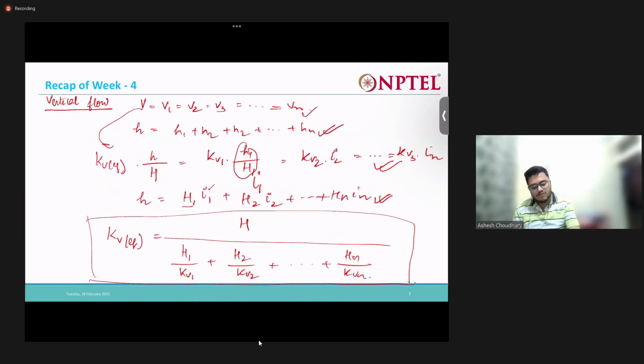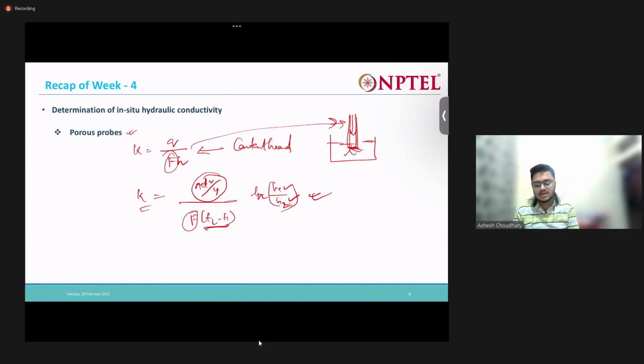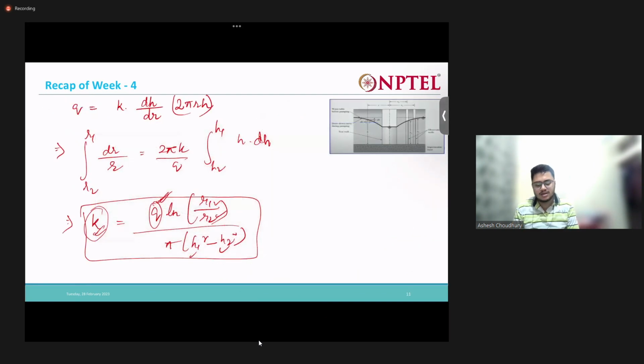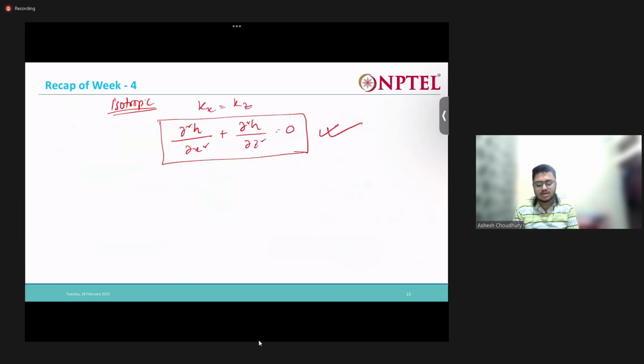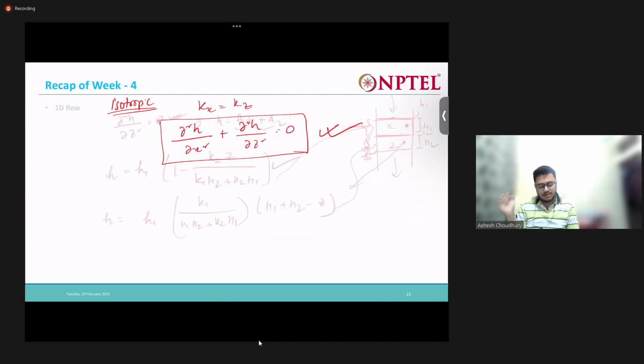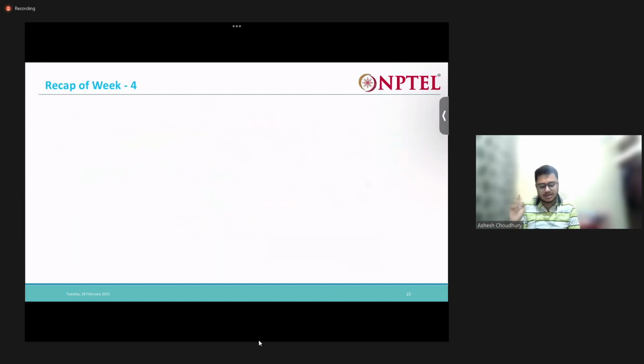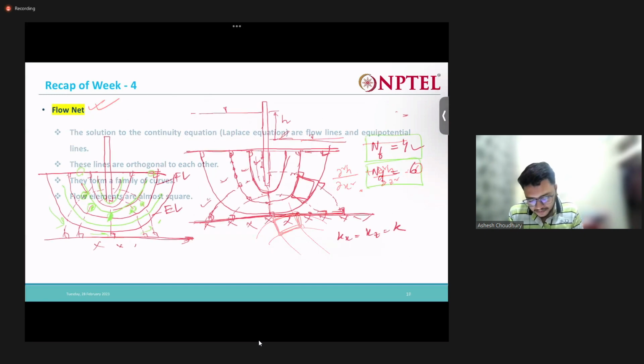When the flow is the same in all the layers and the total head loss is equal to the sum of all of them, this problem looks like horizontal flow, but is actually vertical flow. It corresponds to the vertical flow scenario which we studied before.